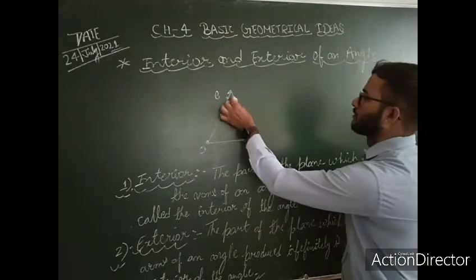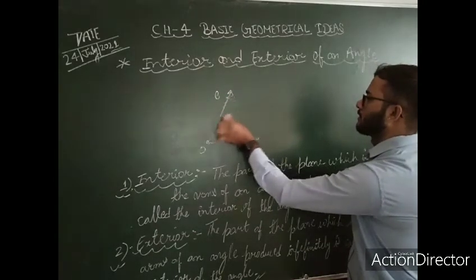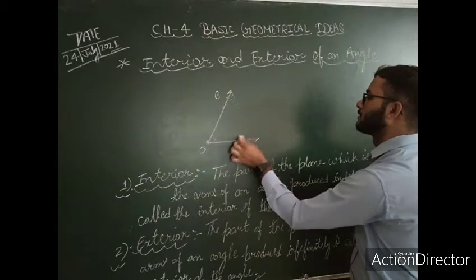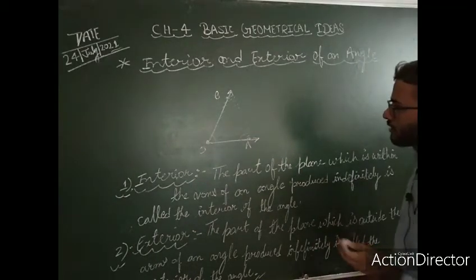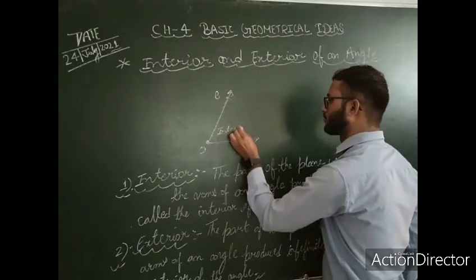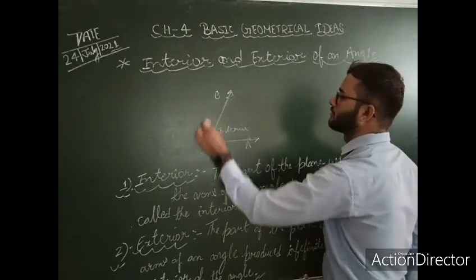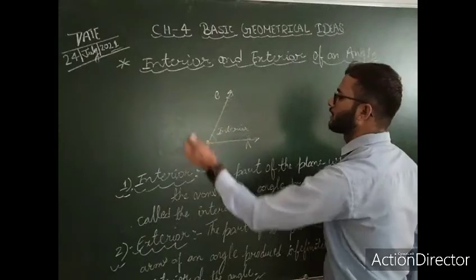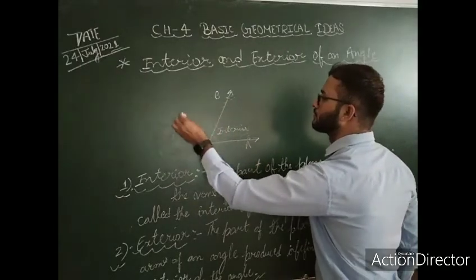So this shaded part is known as the interior of an angle, right? Interior, and this part is known as the exterior of an angle.